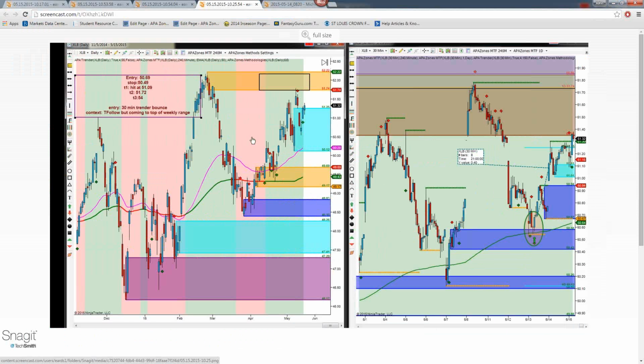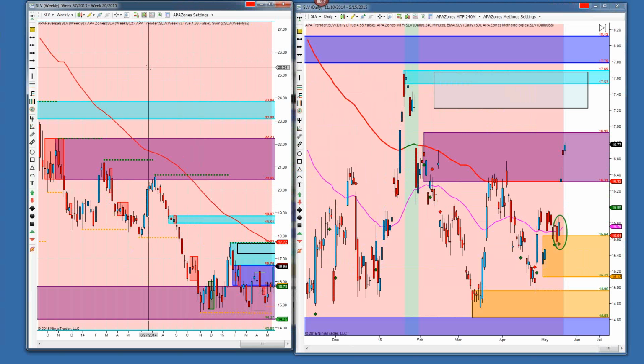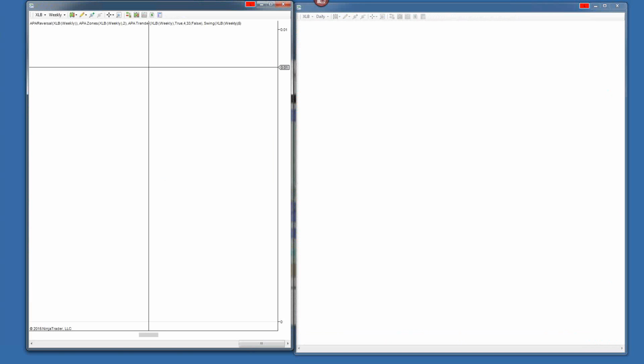But this market has been trending to the upside, and recently it's gone into a weekly range from 48.80 to 51.52ish, and the rectangle up there is the weekly zone that I have.